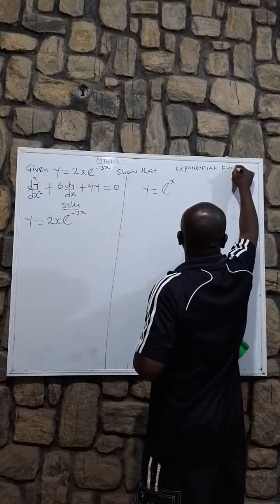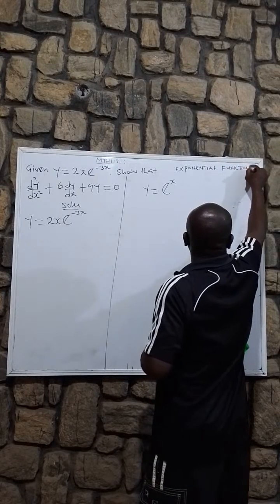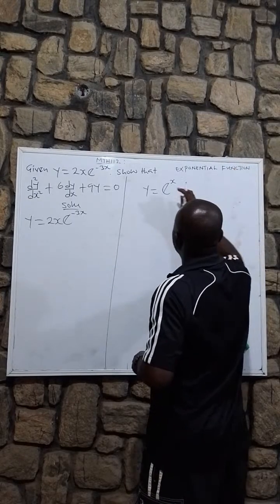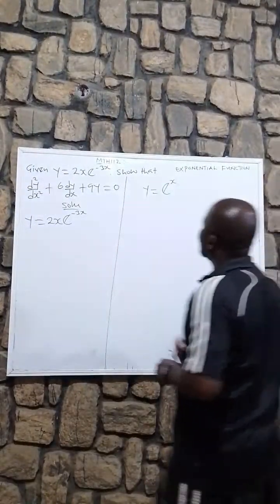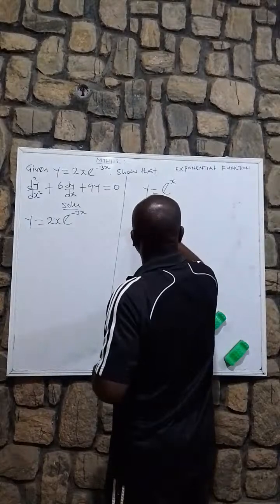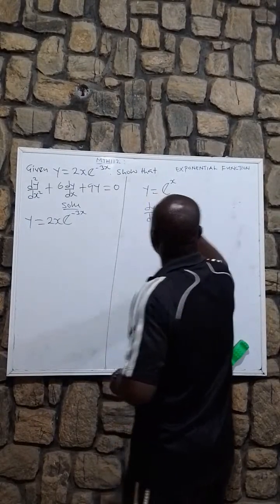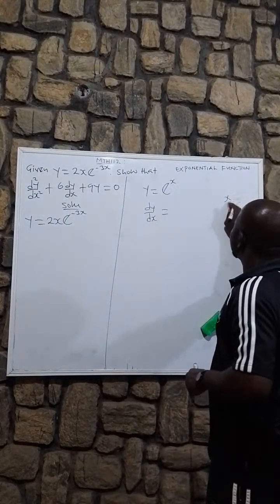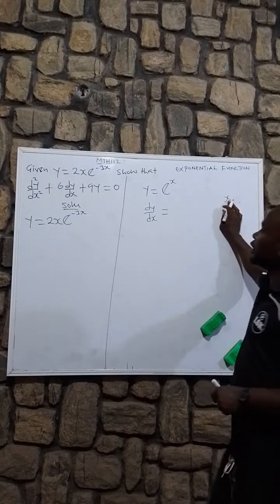So if you are to differentiate an exponential function, our dy all over dx is equal to, just assume that it is x you are differentiating.